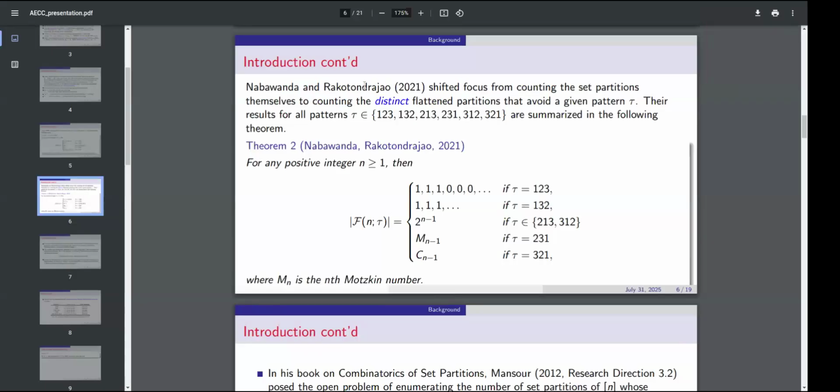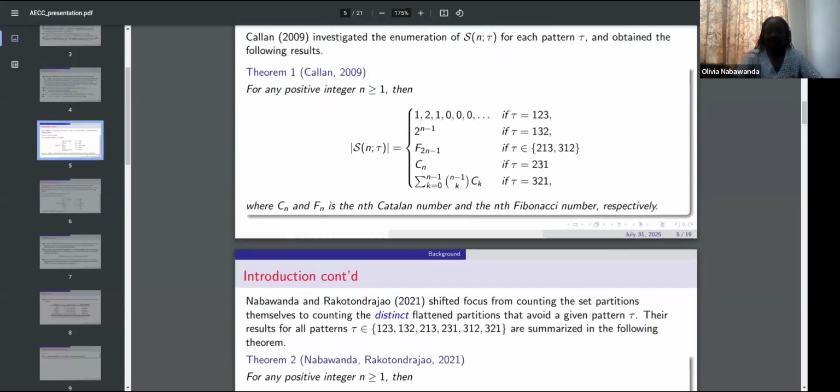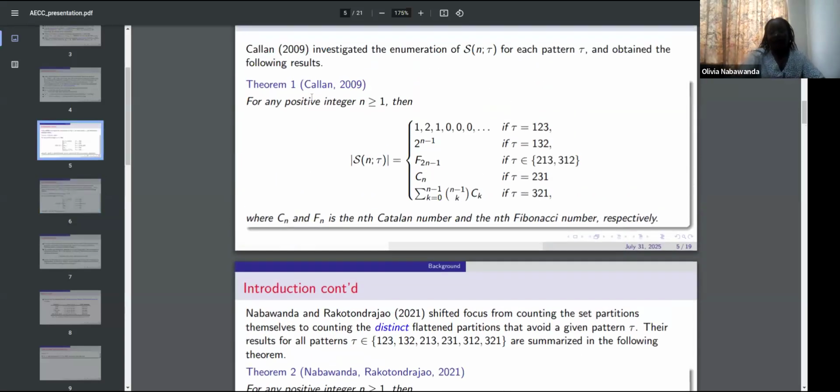So I was saying that myself and Raptondra Jao in 2021. Okay, let me first come back here a little bit. Catalan had done work on the avoidance of patterns of length 3 on set partitions whose flattening avoids a pattern of length 3.